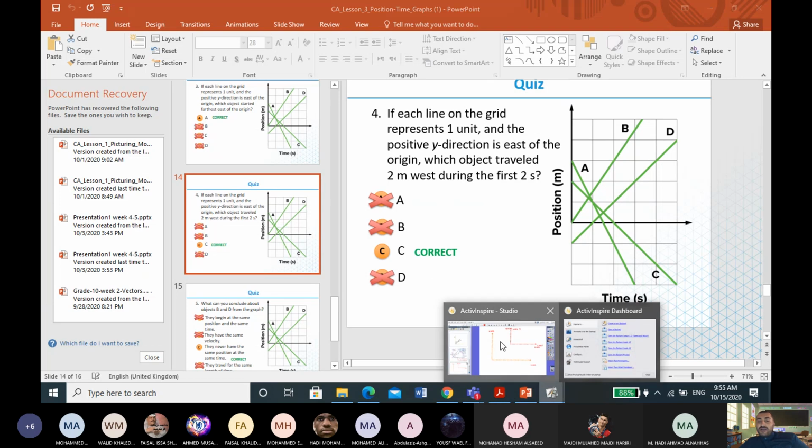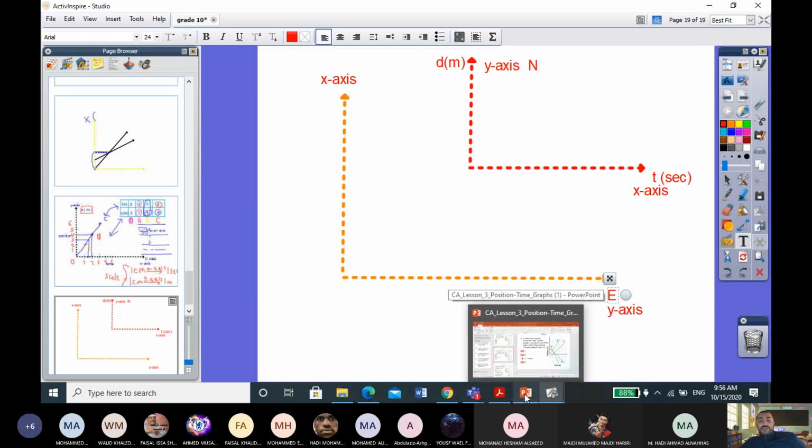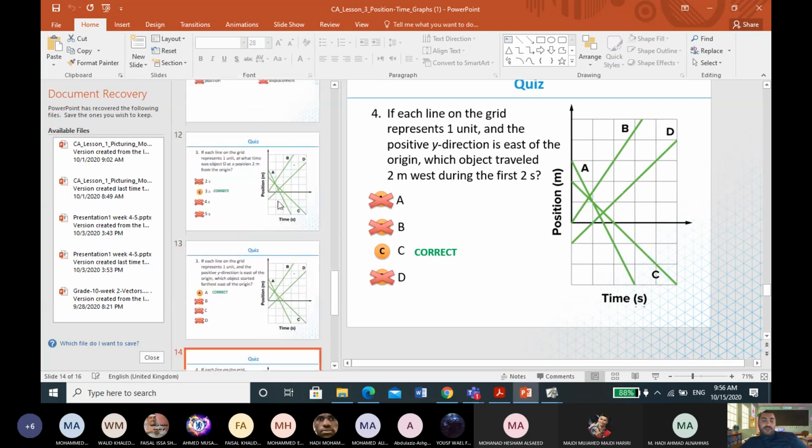So if you see here, guys, the y-axis is going to the east. Okay, this is the east. So if the y-axis is going to the east, all things will be different. You will see the figure, but in a different orientation. So let us solve, and when we reach this I will talk more about it.